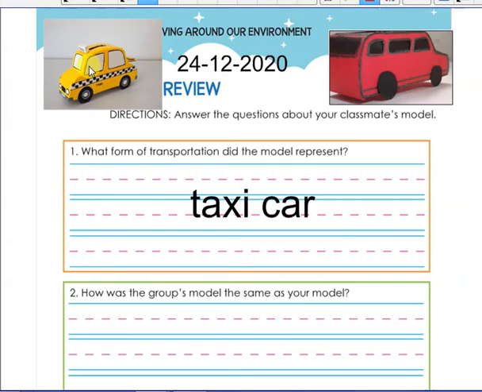In carton paper, right? So the group model is the same in using carton paper.